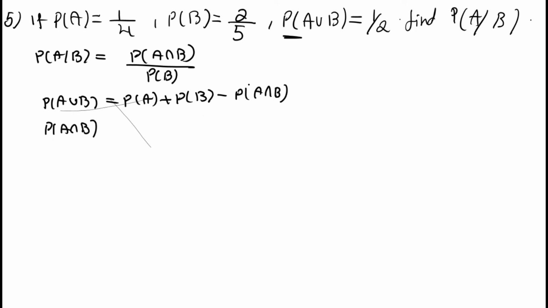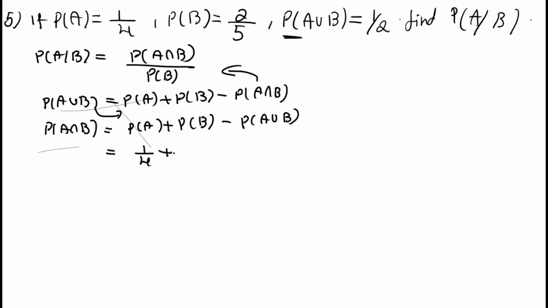Taking probability of A intersection B on the LHS and probability of A union B on the RHS, probability of A intersection B is equal to probability of A plus probability of B minus probability of A union B. In the next step, probability of A is 1 by 4, probability of B is 2 by 5, minus probability of A union B, 1 by 2.